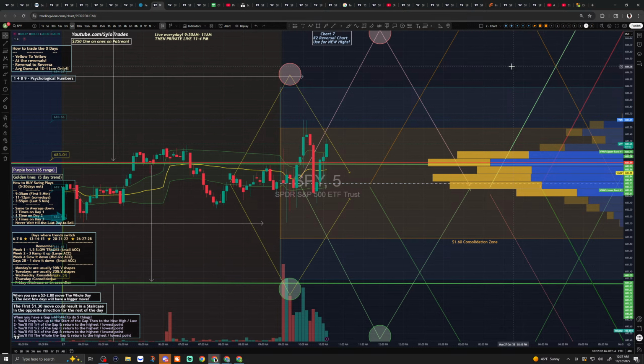We gotta wait for them to get a little bit cheaper. They did go up by a couple cents there, but not what I wanted.